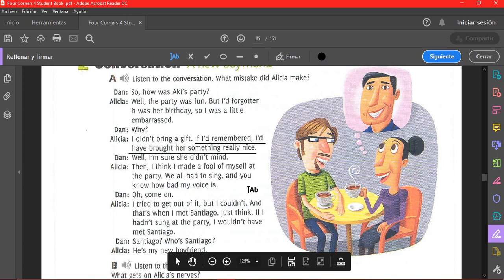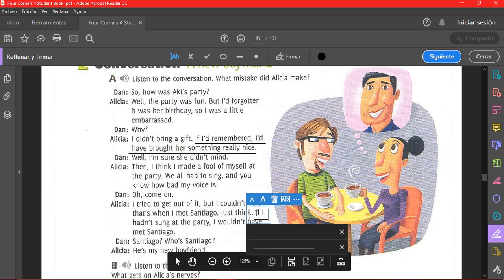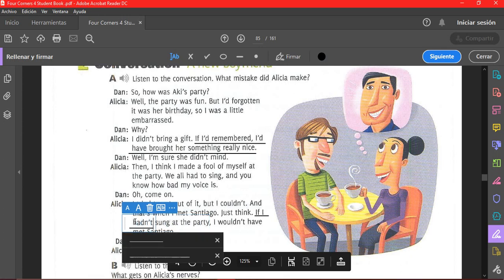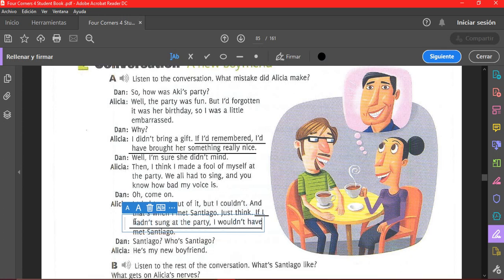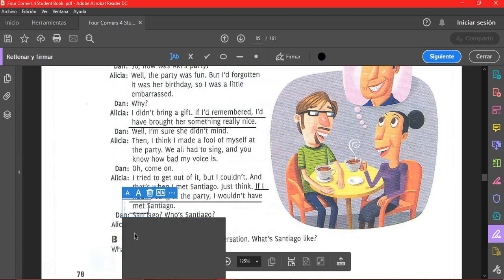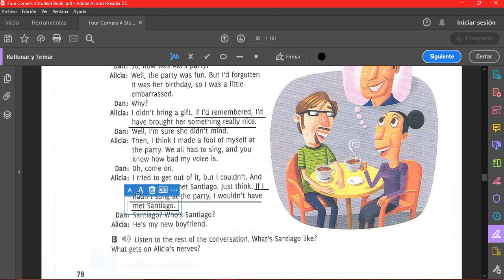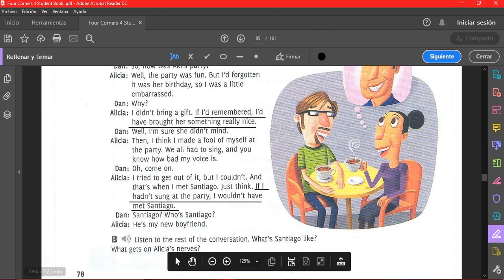The next. Okay, these are the two expressions, or the two sentences, I am interested in.